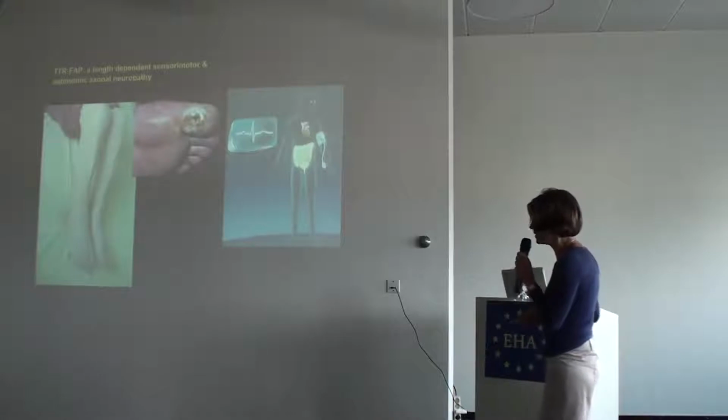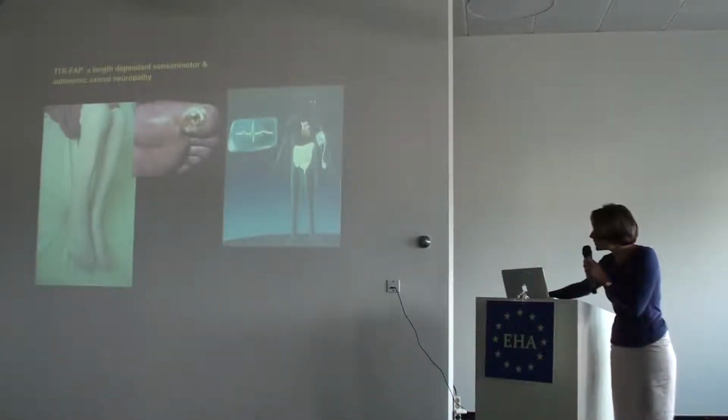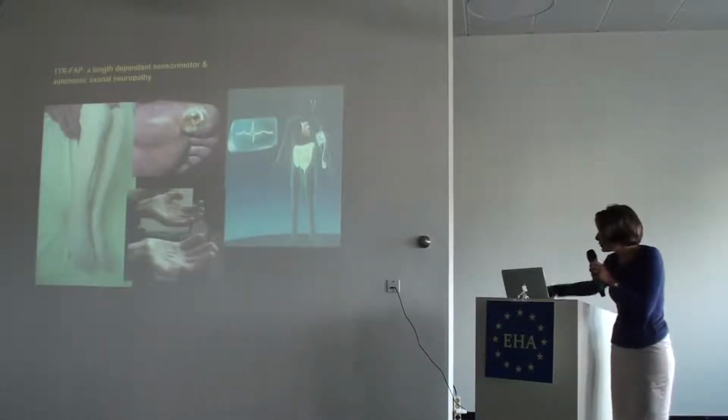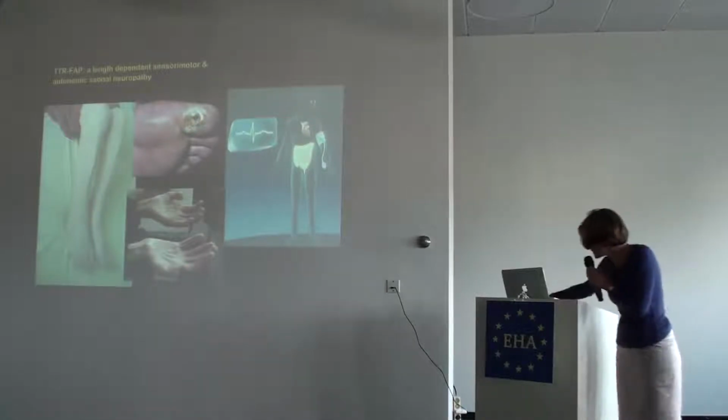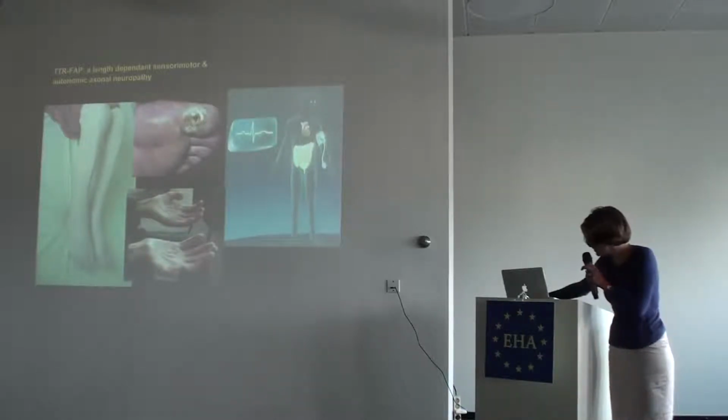We have generally loss of ambulation within 5 years, and the patient deceases within 10 to 15 years. So this is certainly the most severe inherited neuropathy of adulthood. You can see the involvement of the hand. It is a length-dependent neuropathy, so the feet are involved first, and then it goes proximally.